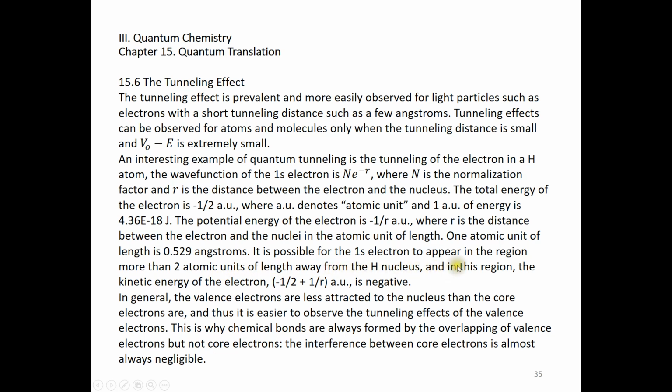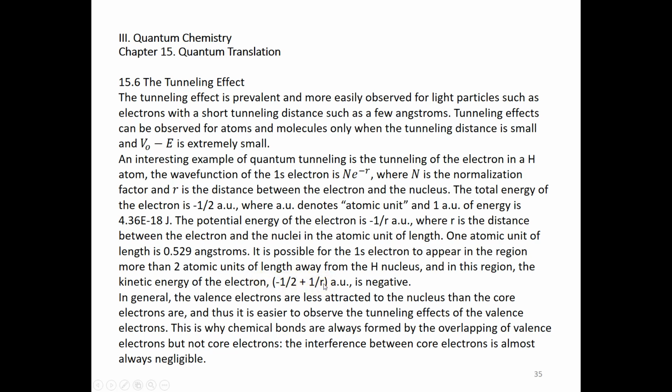And in that region, the kinetic energy is the total energy minus the potential energy, which means it's -1/2 minus -1/r. And minus -1/r is plus 1/r. Now, this is the expression for the kinetic energy of the 1s electron of the hydrogen atom.